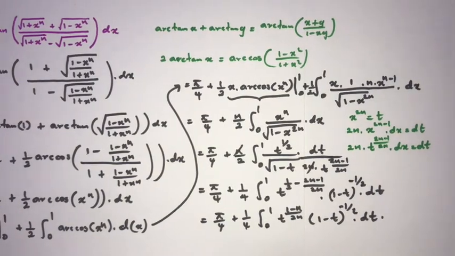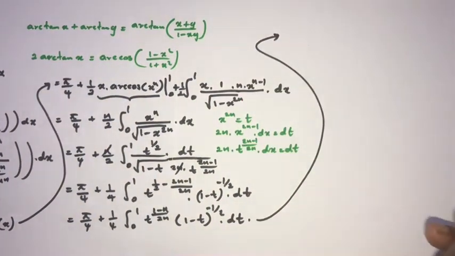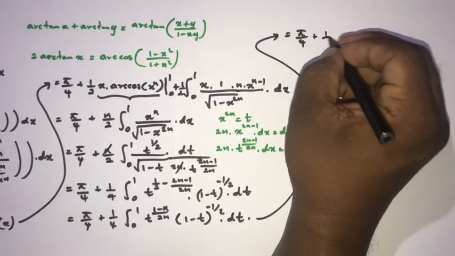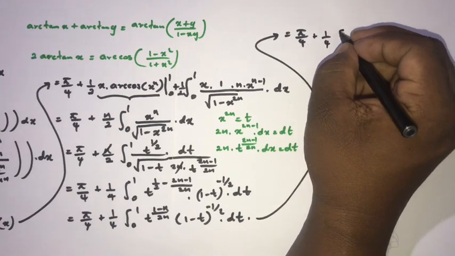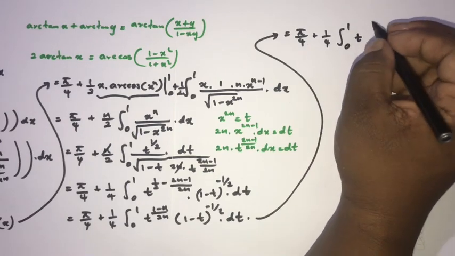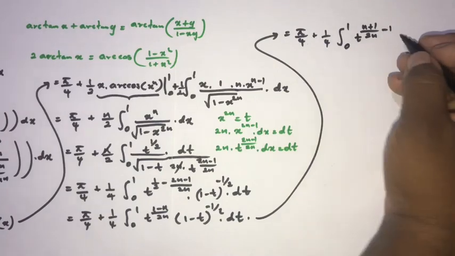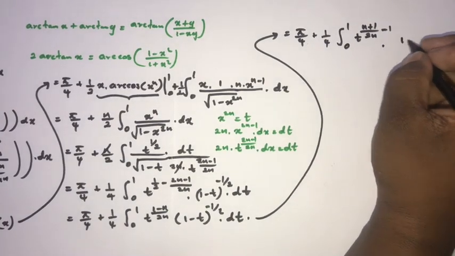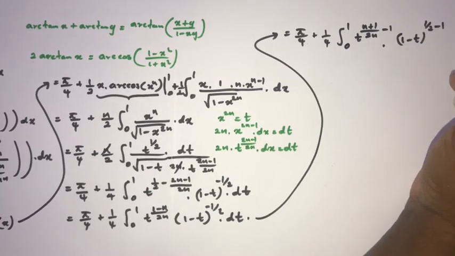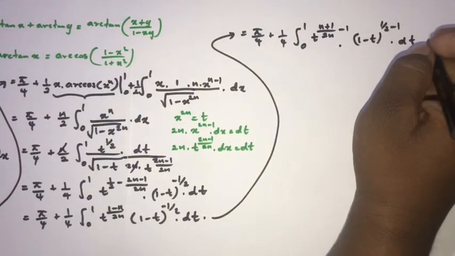Okay, then now we can write this is equal to pi over 4 plus 1 over 4 integral from 0 to 1. Now I am going to rearrange this power like (n plus 1) over 2n minus 1 times 1 minus t to the minus 1/2, we can write 1/2 minus 1, 1/2 minus 1 dt.